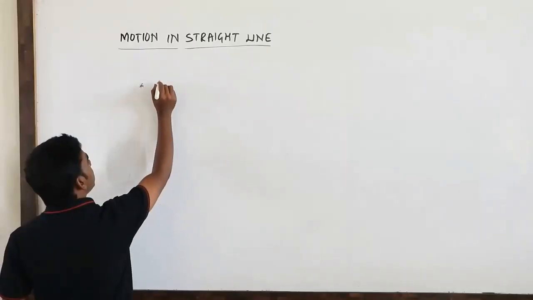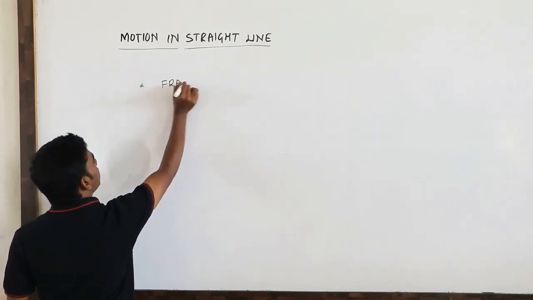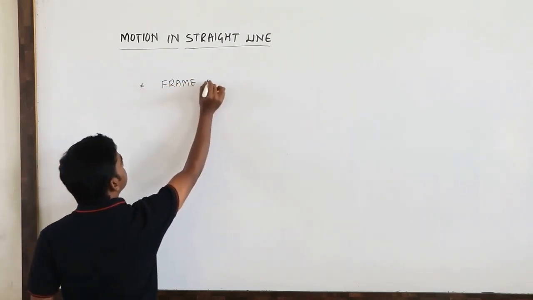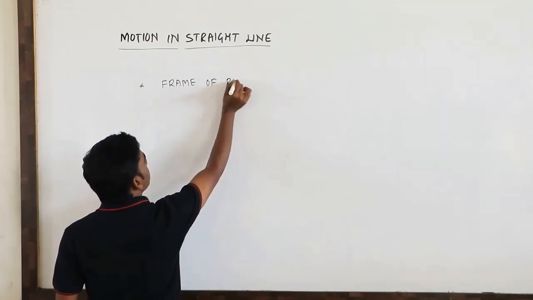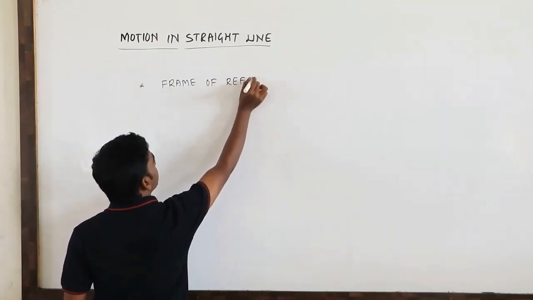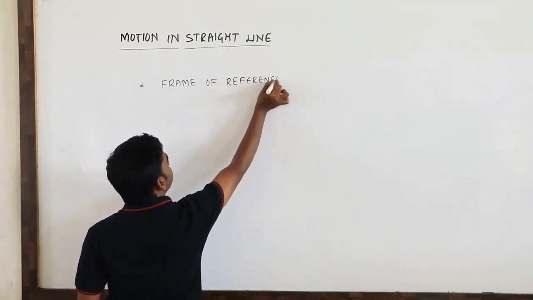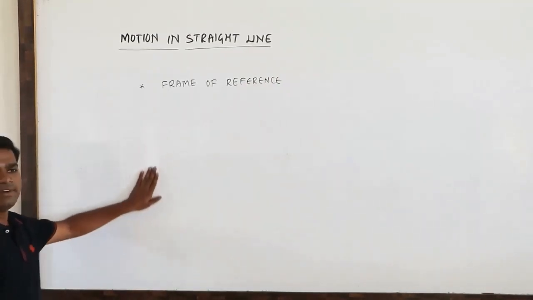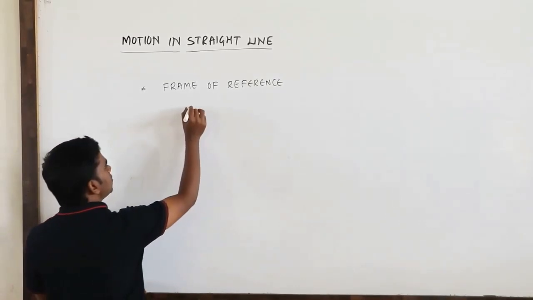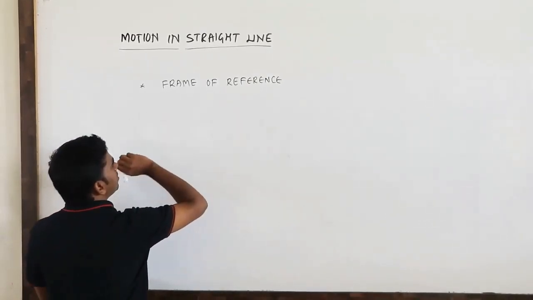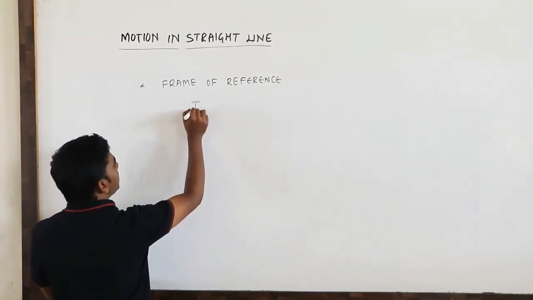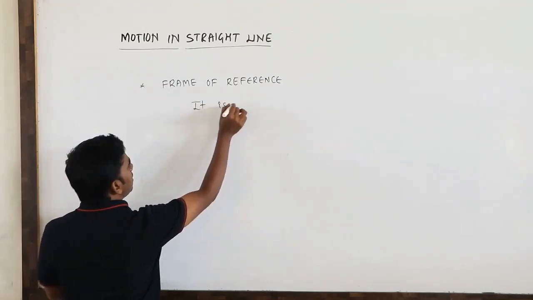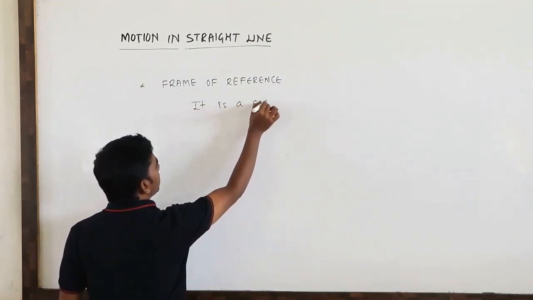And you know very well, and you have studied in the bridge course, what we call the frame of reference. Okay, so how can we define what exactly a frame of reference is?